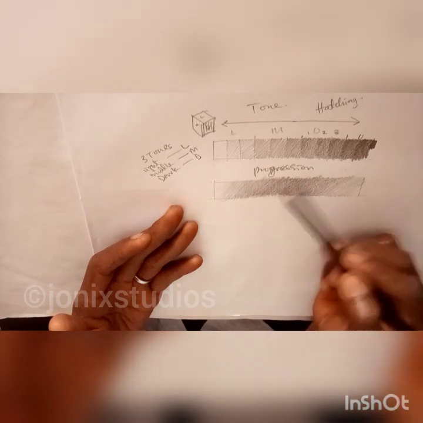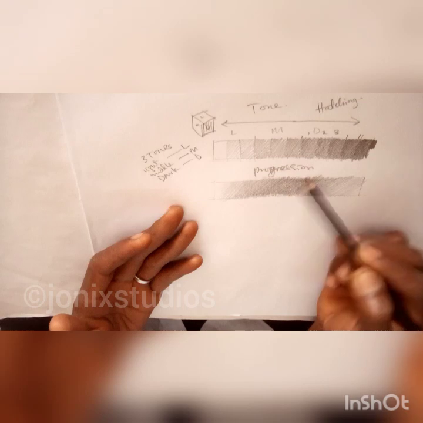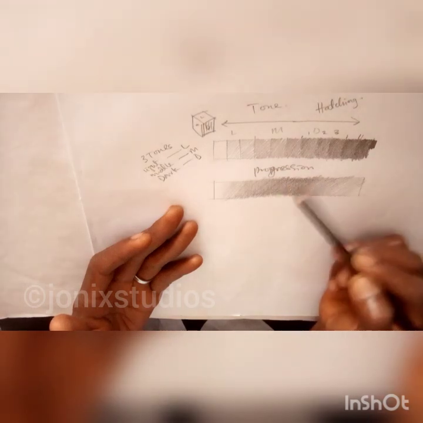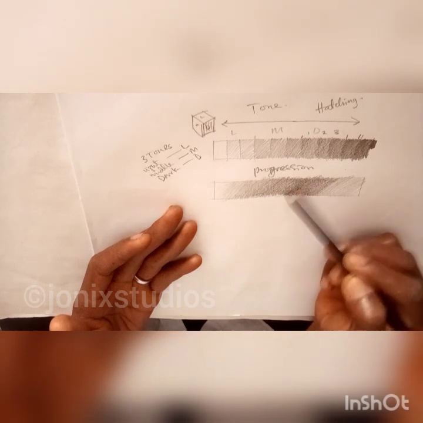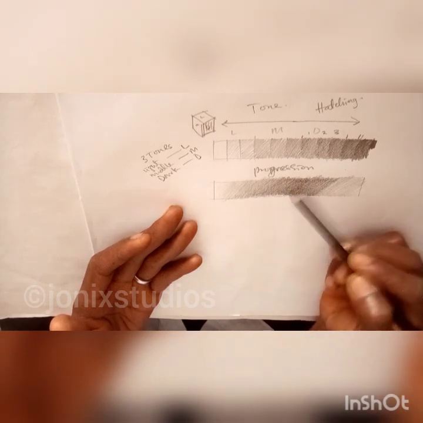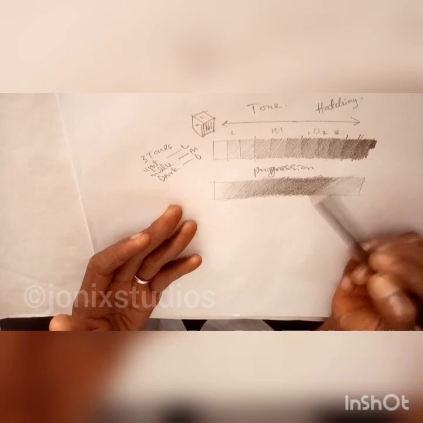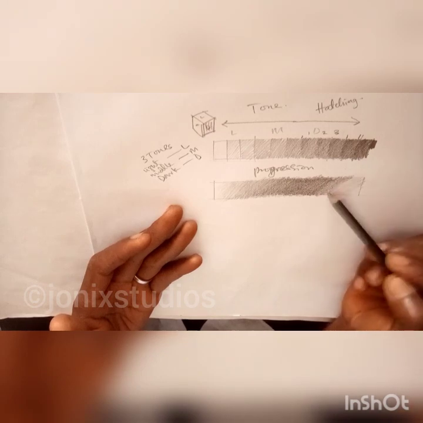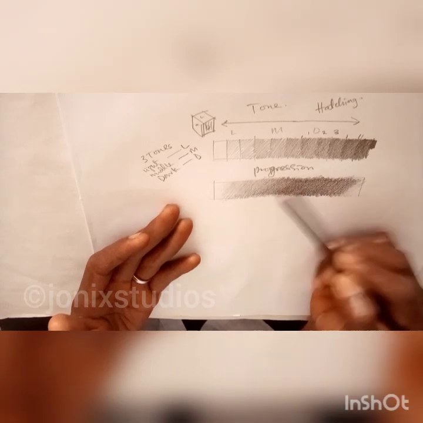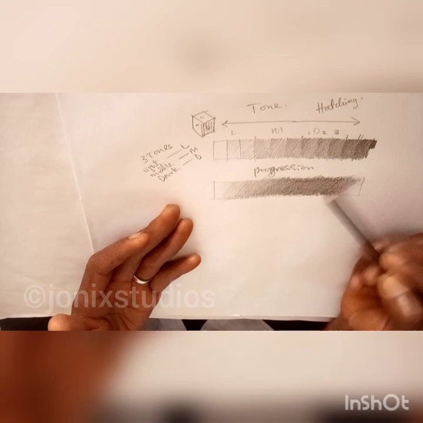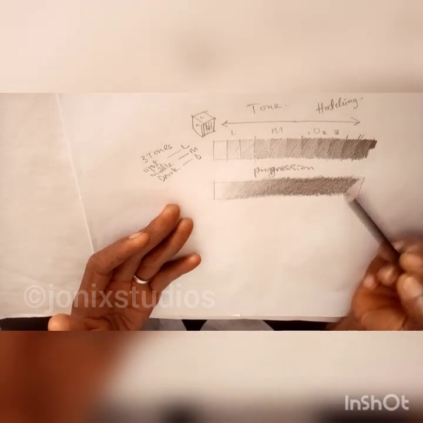So as you can see now, I'm taking it into more dark. Areas that I want to be darker, I'll continue to increase the intensity of the pencil. So I'm adding more strength now, and it's getting darker and darker.